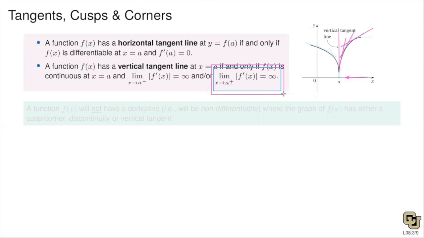If you want to see a picture of x approaching a from the right and the slope going to negative infinity, then just flip this image upside down. This same image, if you flip it upside down, you get the opposite. Here I have a positive slope that's becoming more positive as it goes into this vertical piece.